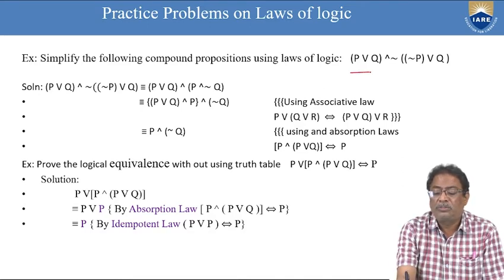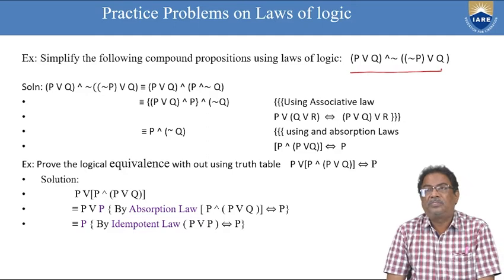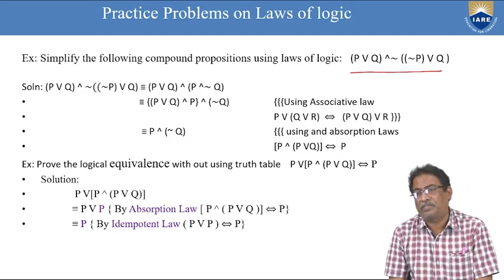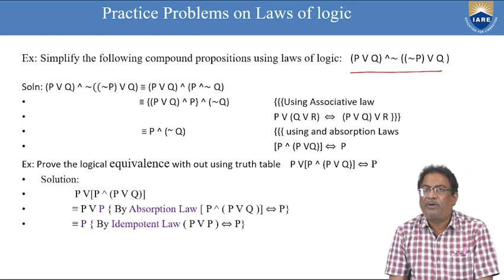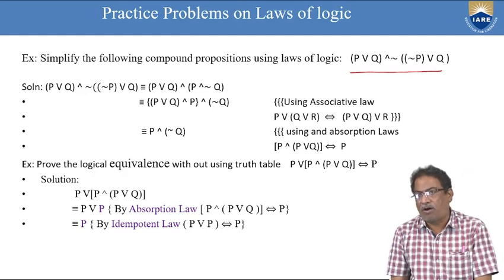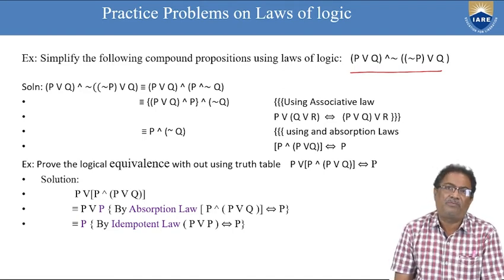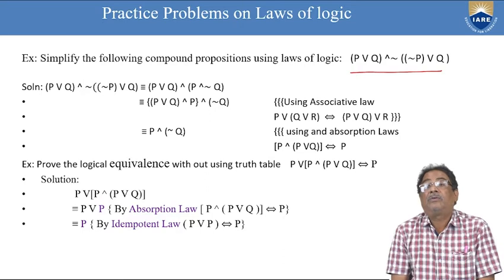We are going to reduce the given compound proposition to another compound proposition. So whenever I'm applying these laws of logic and reducing the given to another form, we can say that both the reduced form and the given form are equivalent to each other.